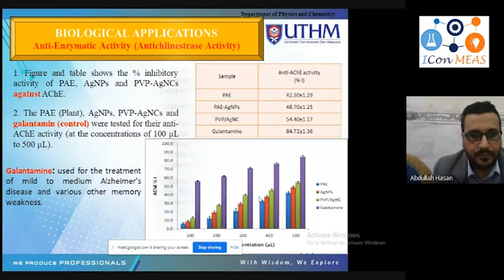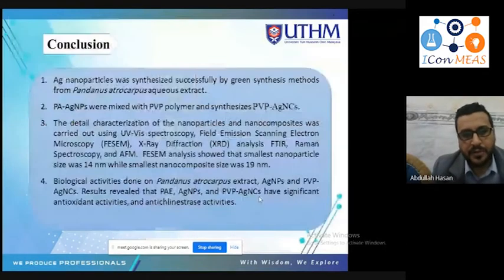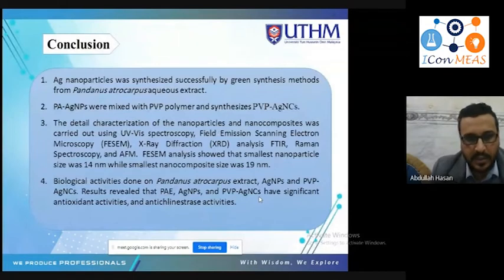And our conclusion here: the nanoparticles were synthesized successfully by the green method, and the nanoparticle polymer also. The detailed characterization by FESEM and UV-Vis gave us a good result for the nanoparticle and the nanocomposite, which was 19 nanometers.